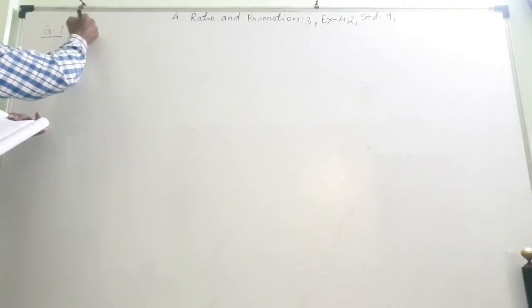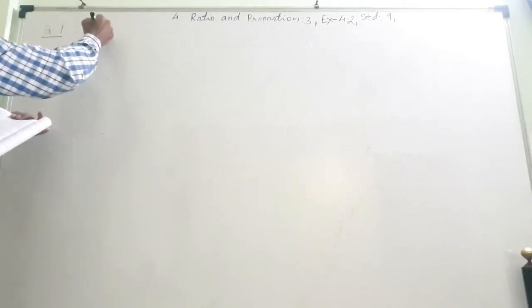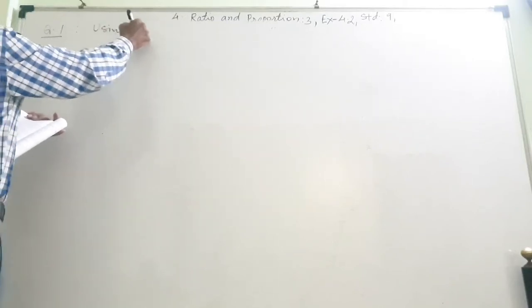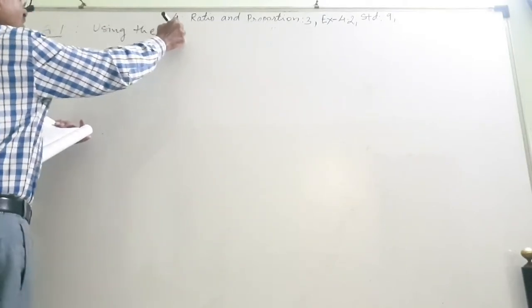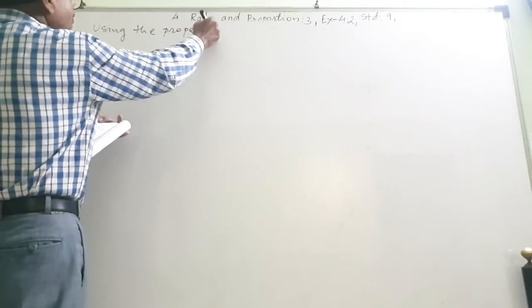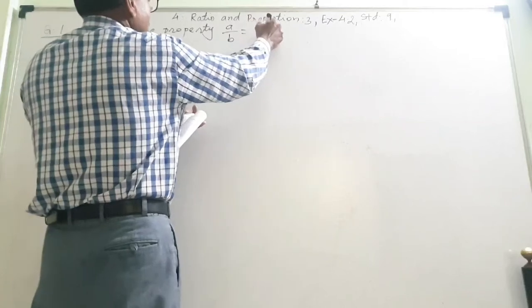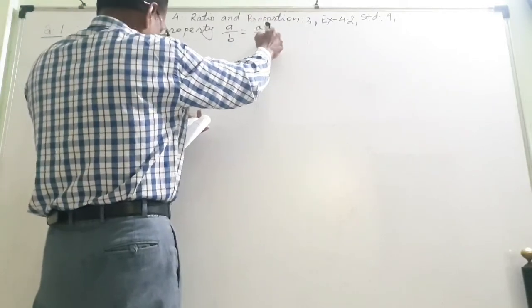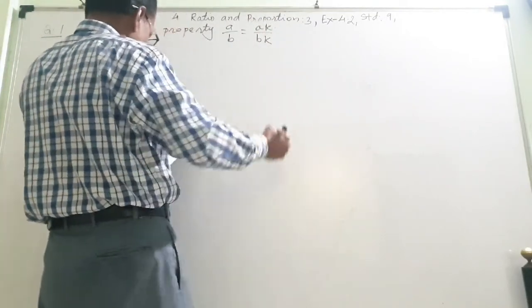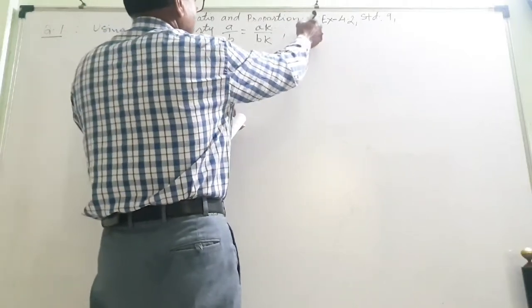Using the property A upon B is equal to AK upon BK or KB, fill in the blanks.